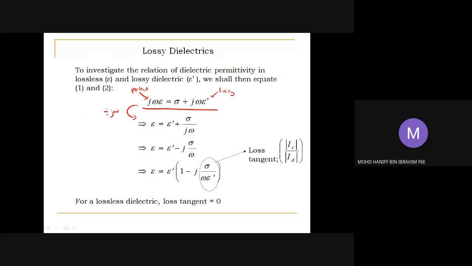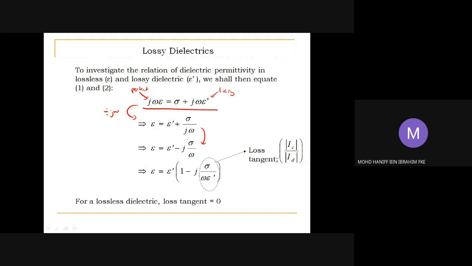So we have epsilon only on the left hand side, and on the right hand side we have epsilon prime plus sigma over j omega. This is the same; we just change the positive sign to a negative sign.